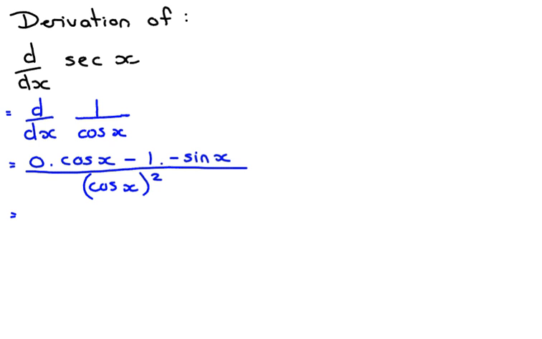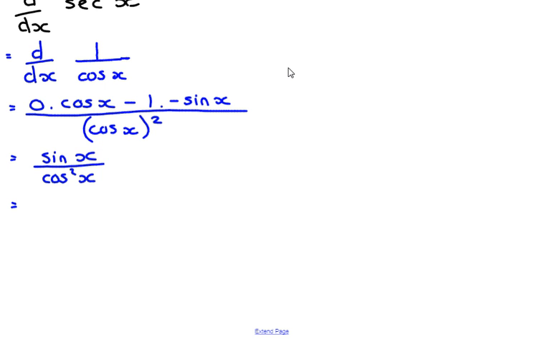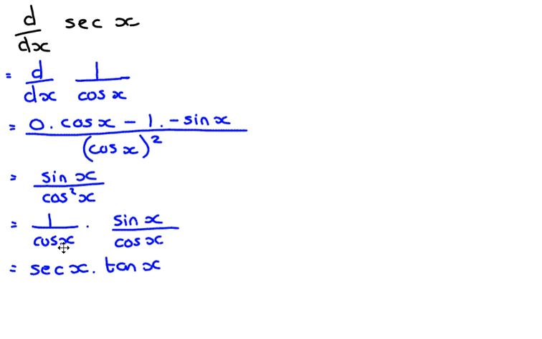So 0 times cos x is 0, and I'm left with sine x over cos squared x. Again, I'm going to split it up and rearrange it a little to get 1 over cos x multiplied by sine x over cos x, which is sec x multiplied by tan x. So the derivative of sec x is sec x times tan x.